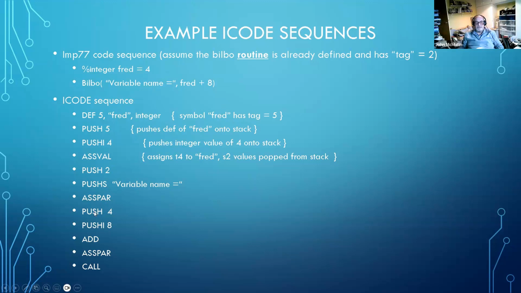Then we're pushing tag number 4, it should have been 5 really there. Push integer 8, and do the command of add, and then assign the parameter, and then finally call Bilbo, because Bilbo should be push 2 at this point. So that's an example I-code sequence.